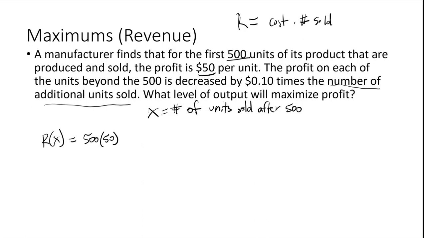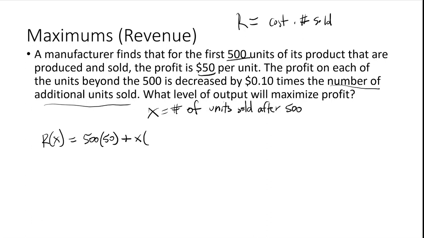Now after that, we're going to add some more revenue, and we're going to again say the number sold, which is x, times what's the cost now, or how much profit are they making on each of these additional units. Well, they are going to get 10 cents less per unit.